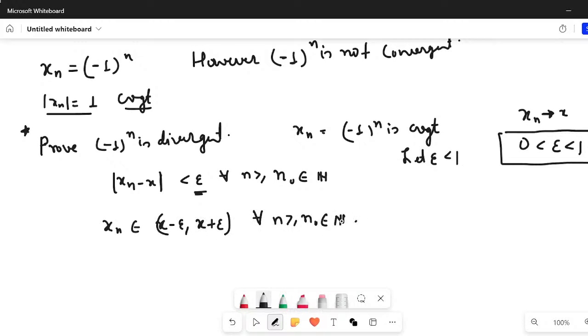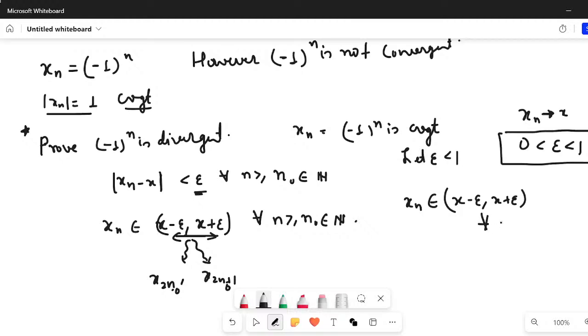Now in particular, in this particular distance only, you will find x2n also lying, and in this particular distance only you will find x2n plus 1 also lying, say 2n naught or 2n naught plus 1, because I'm saying that all the elements of the sequence xn will lie between x minus epsilon and x plus epsilon for all n greater than or equal to n naught.